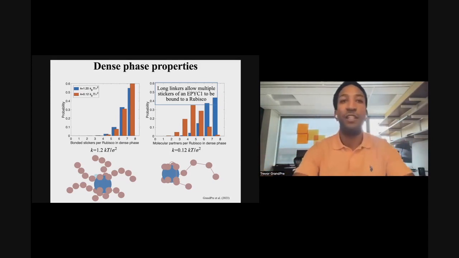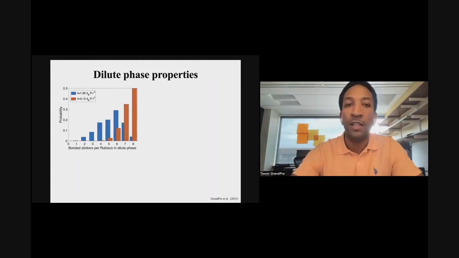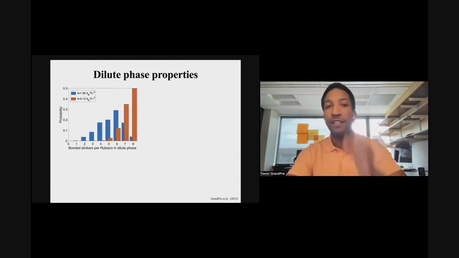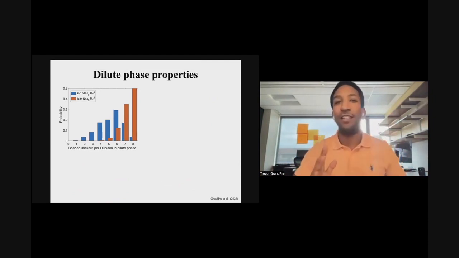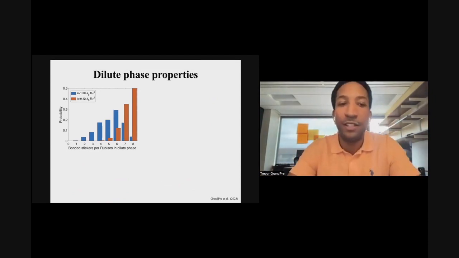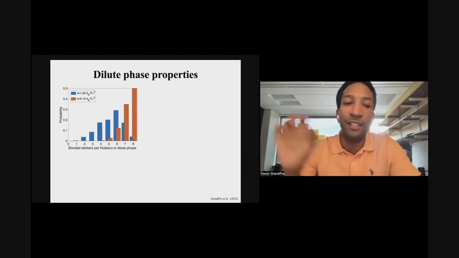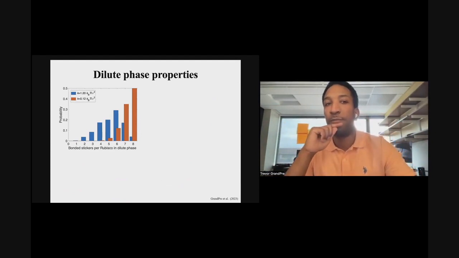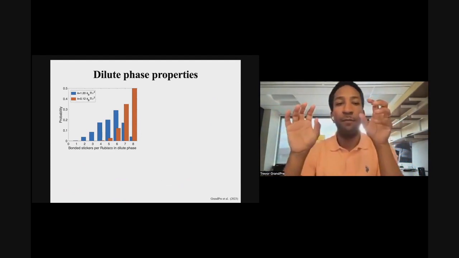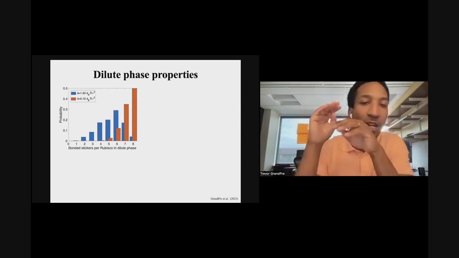To compare and contrast with the dense phase: the dilute phase here is just everything that's not the condensate. If I measure the bonded stickers per Rubisco in the dilute phase, the short linkers are not able to bind all of them.